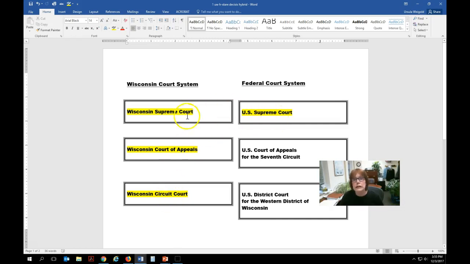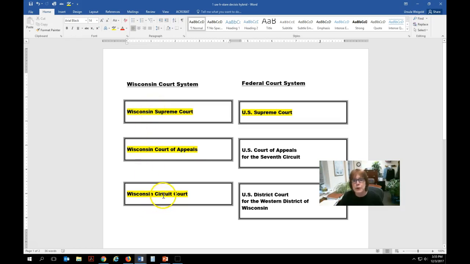So essentially, this situation, a state judge or a state court considering a federal question, would work in the same way as a federal judge considering a state law question. It gets kind of confusing here.